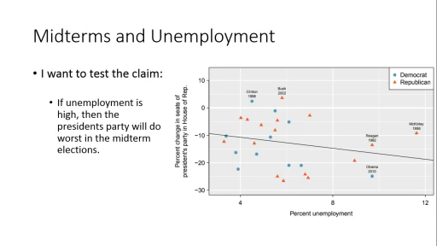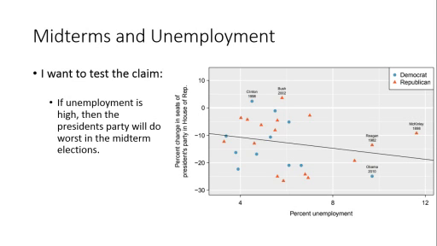So the midterm and unemployment. Let's say we have this data. This is the percent of unemployment for presidents during their midterms. If you remember, you have general elections every 4 years, the big one, the presidential elections, and then every 2 years, representatives have to be elected.